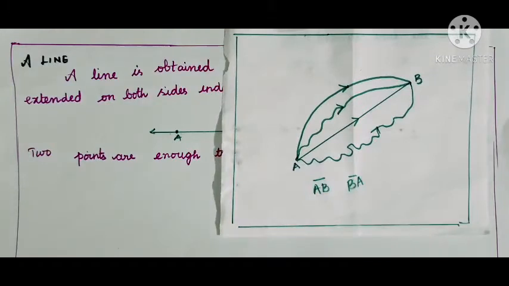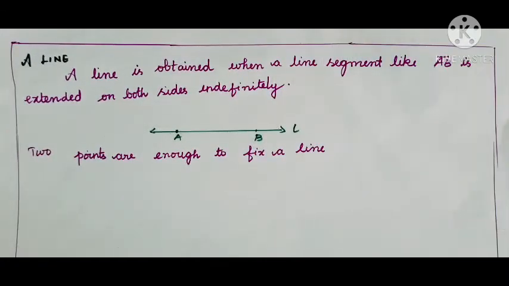So the line segment AB. The points A and B are called the end points of the segment. So this is called a line segment. For example, you can say the edges of the box, the tube light, the edges of a postcard. These things are examples of line segments.